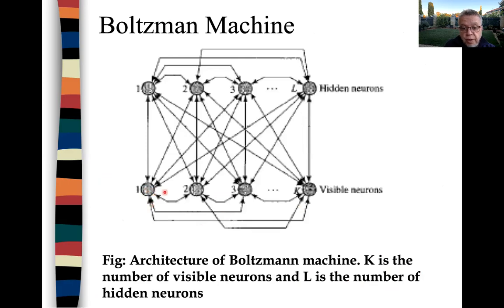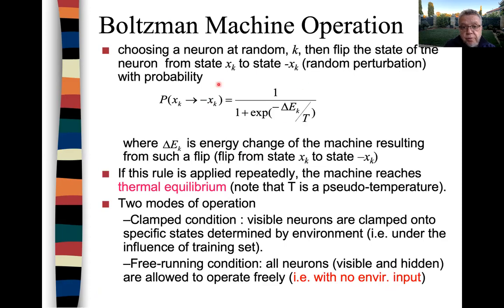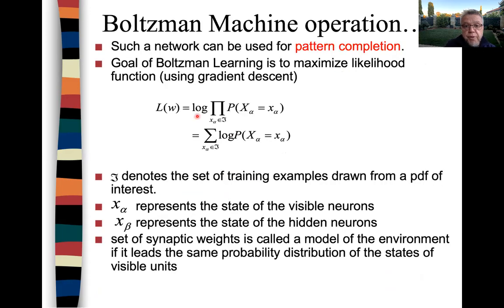You don't have any input from the environment, and you perform this flipping of the states until you reach equilibrium. Such a network can be used for pattern completion. It can also be used for classification and regression, but the fundamental starting point of the application is pattern completion.